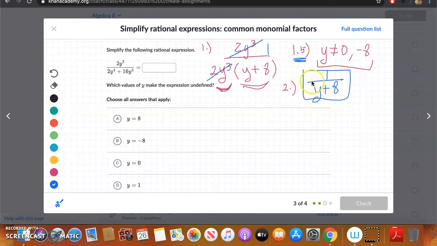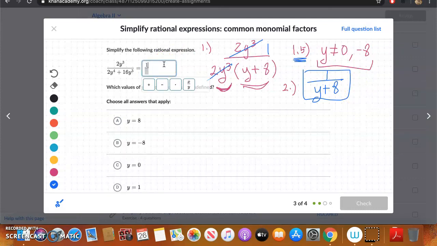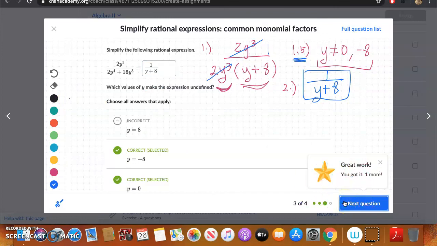That's why I called it 1.5 instead of 3. Okay? So let's type these in. First thing, let's type the simplified version. It's 1 over y plus 8. And our restrictions are 0 and -8. And that is correct.